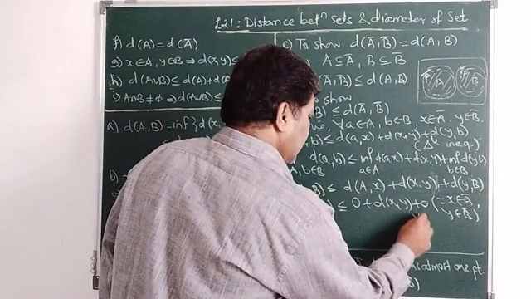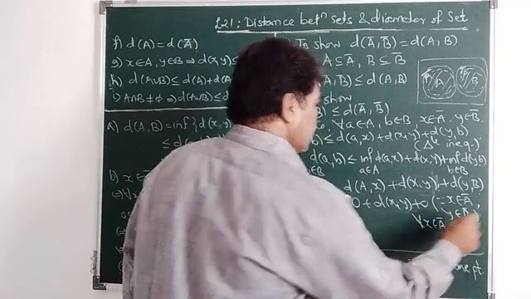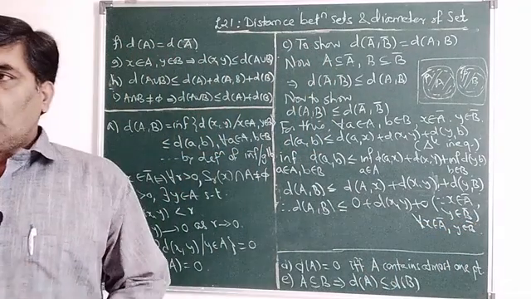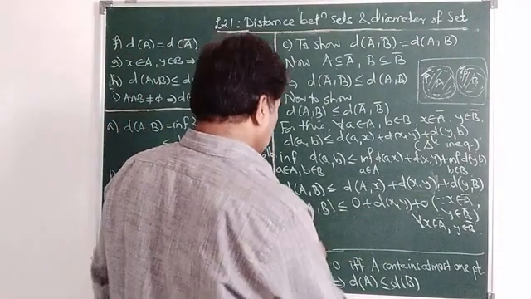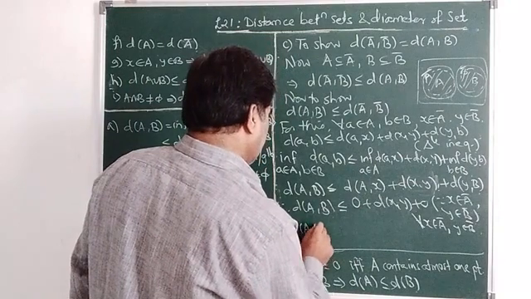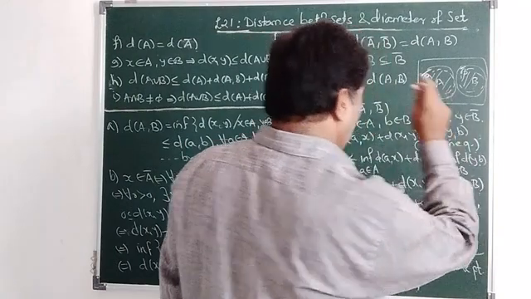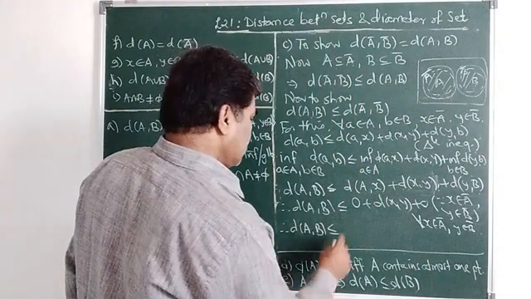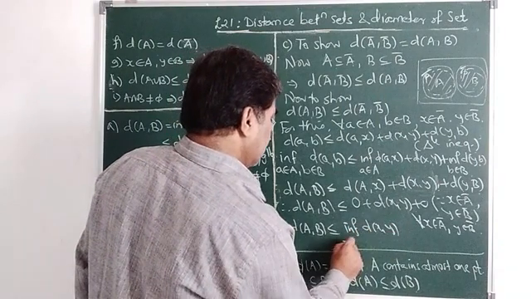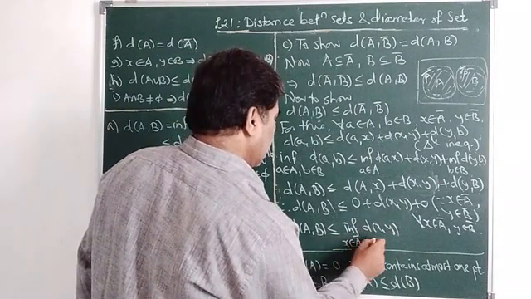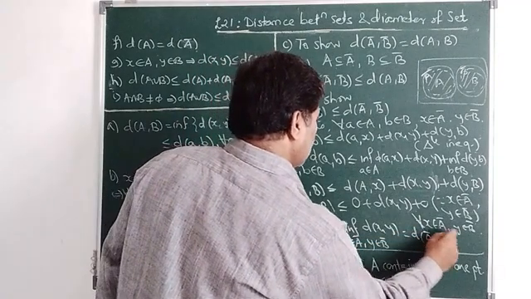So this is true for any x in A closure and y in B closure, whatever those two points may be. There is no restriction on the choice of x and y. Therefore d(A,B) must be less than or equal to infimum of d(x,y), where x varies in A closure and y varies in B closure, which is equal to d(A closure, B closure).